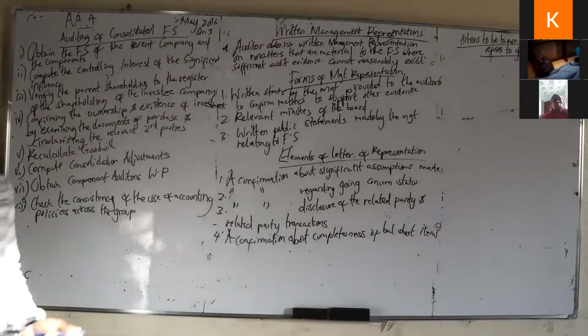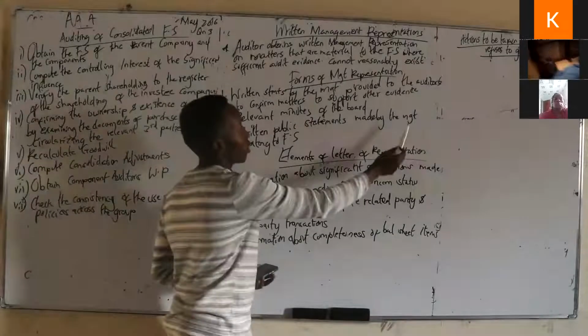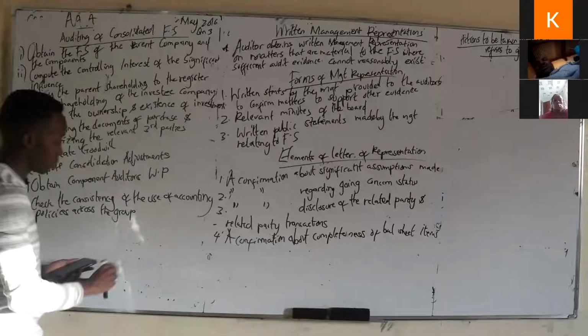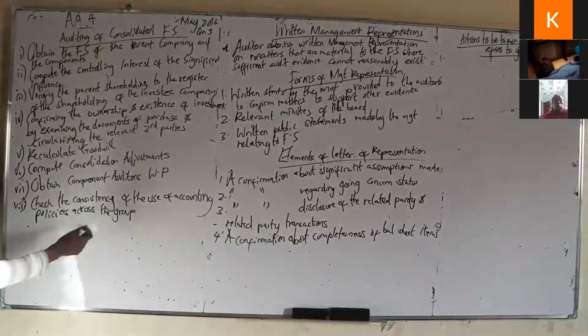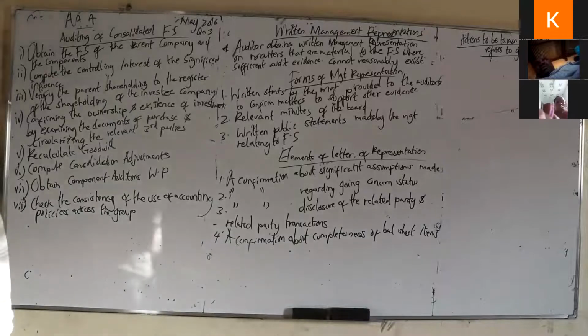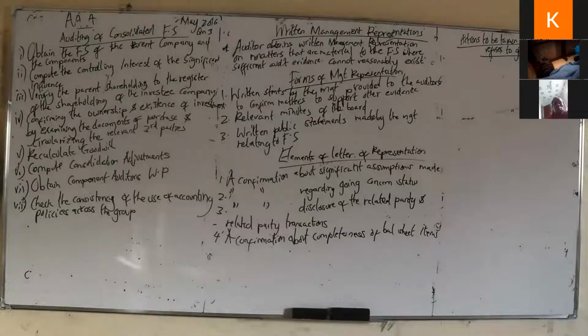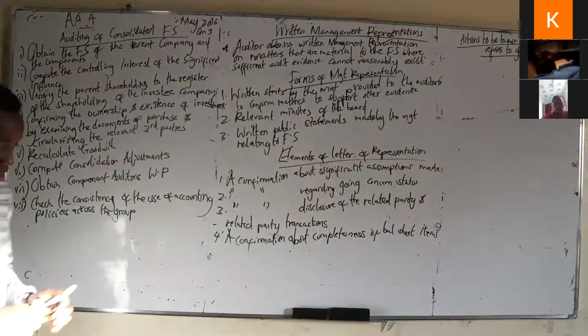So we will continue from there. We are also going to conduct an audit of the insurance companies, the banks, and the cooperatives, and look at the same. This area is examinable a lot.